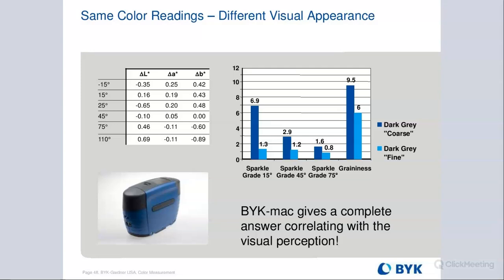We were talking about how you can see a difference of 0.5. So you're going to see this difference, and it is not going to look like the same color when you put these two panels next to each other. That's what we mean by significant. Even though the color numbers themselves look okay, it's really the effect pigment that is making this not look harmonious on the vehicle.